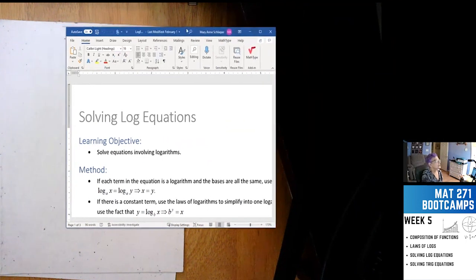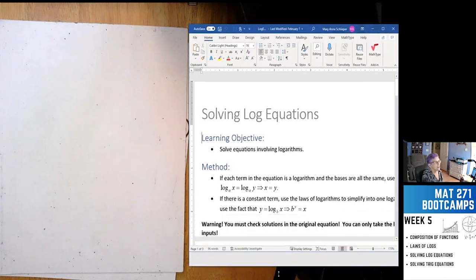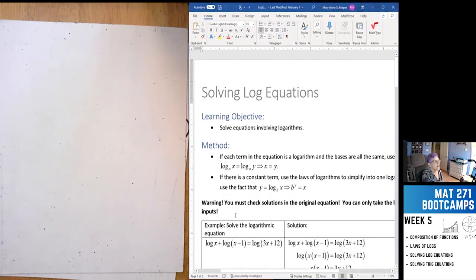Solving log equations depends on what we talked about just a moment ago, the fact that if y equals log base b of x, then b to the y equals x. So we just get something into y equals log of something and then rewrite it using exponential form.